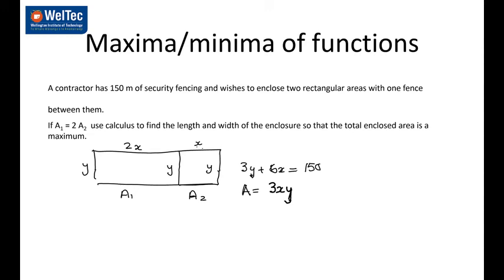We need to find the derivative of that, but we can't because it's got x and y, so we need to replace one of the variables with the other, and we can tell from the first equation we can write what y is. We can write that y is equal to 50 minus 2x.